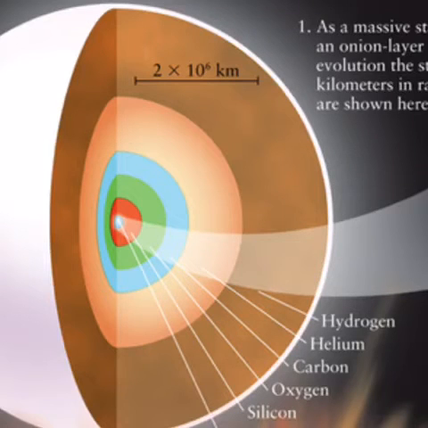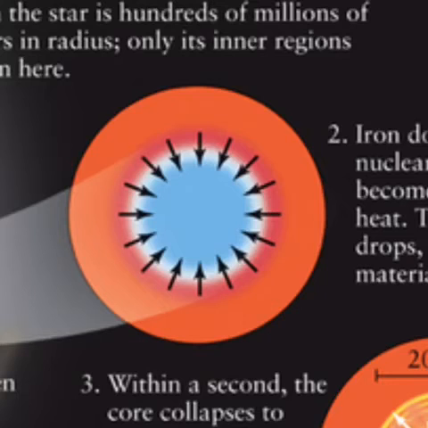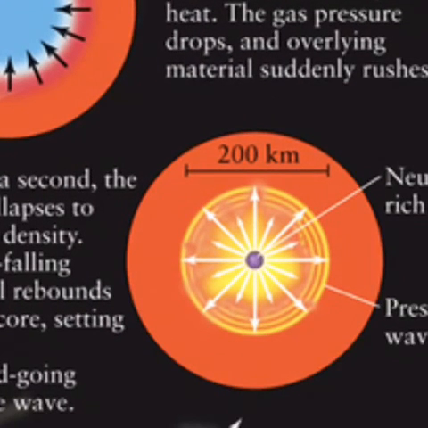As this iron core within this massive star continues to grow, it continues to pull in on itself. Don't forget, gravity is still at work. These particles of iron continue to attract each other. This iron core continues to pull in on itself, and because, again, it is unable to undergo nuclear fusion, at some point, this increase in pressure and energy is finally released as a huge supernova, an explosion.